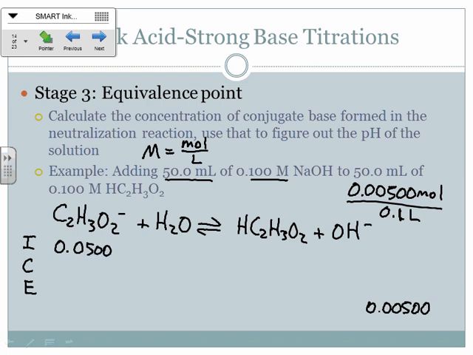Now, we just used up all of the acetic acid because we reacted it with all the OH minus. So once that happens, we really have none of either of those because they both just reacted with each other to make the acetate, right? So then, you do your typical minus x, plus x, plus x.